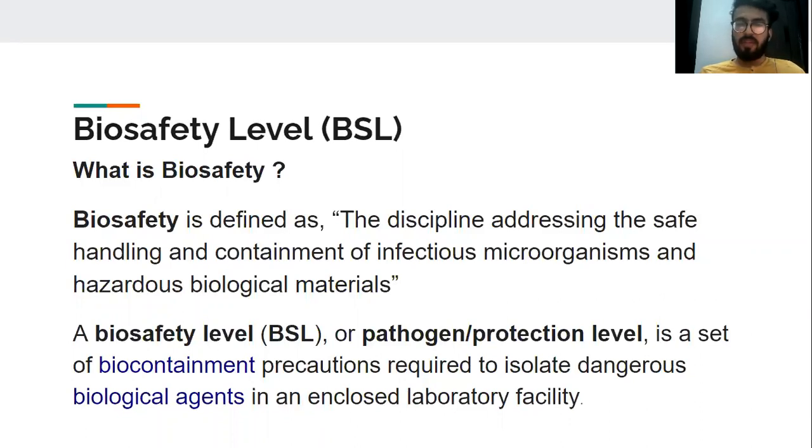A biosafety level, also known as pathogen protection level, is a set of biocontainment precautions required to isolate dangerous biological agents in an enclosed laboratory facility so that we can prevent any containment hazards, to prevent any resource from damaging. It can be human resource and our research material, etc.